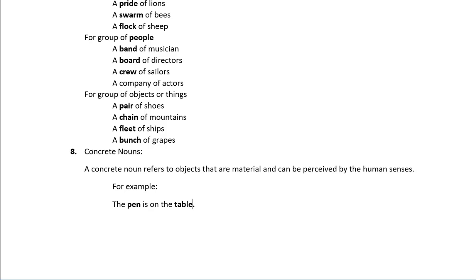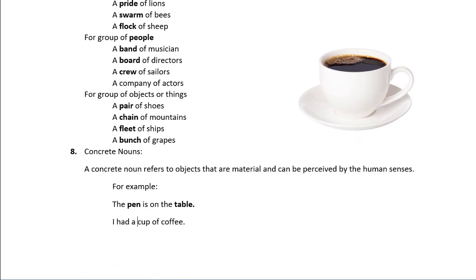Okay, remember? So now we are moving towards our second example for the concrete noun. I had a cup of coffee. Again the cup is touchable, you can touch it, and coffee you can taste it.